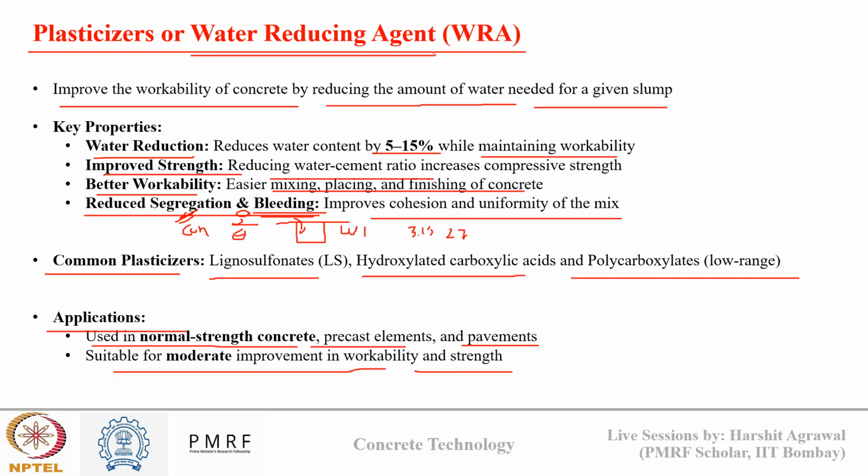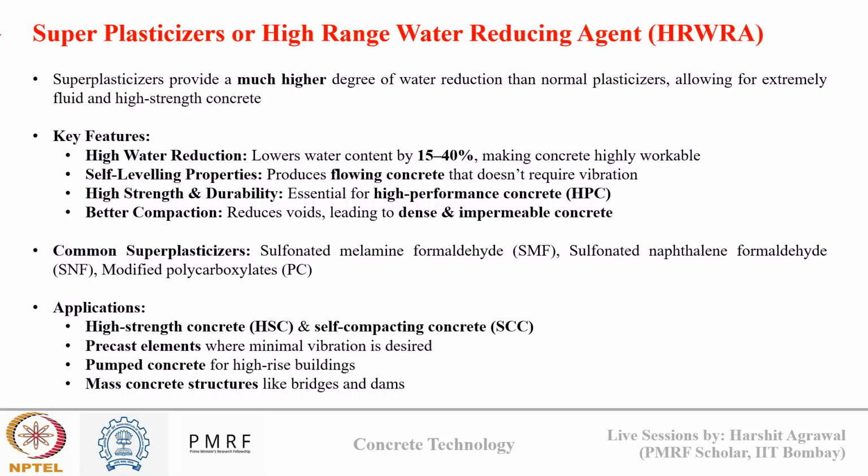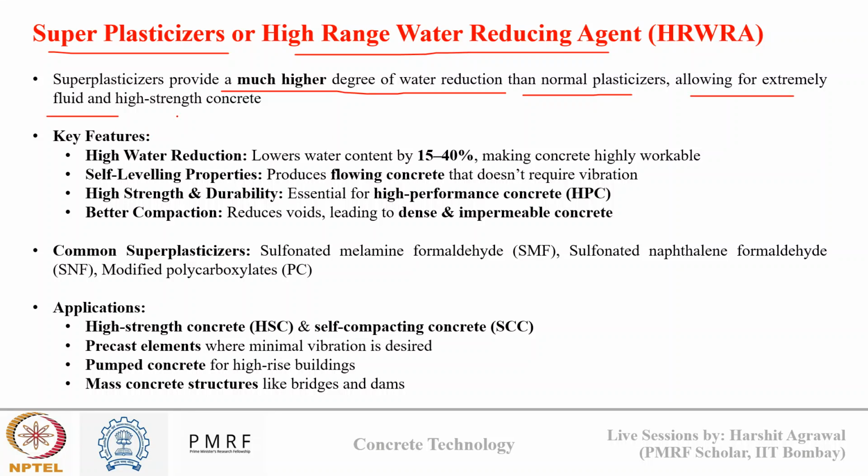Second is super plasticizers, or high range water reducing agents. Super plasticizer provides a much higher degree of water reduction compared to normal plasticizer, allowing for extremely fluid and high strength concrete. Their feature is high water reduction capacity.